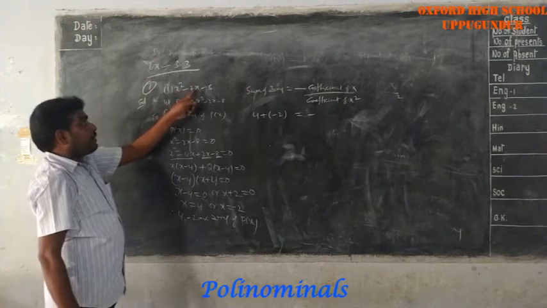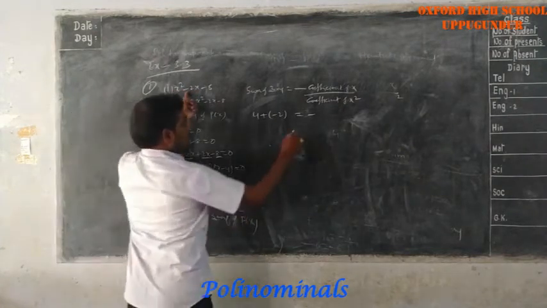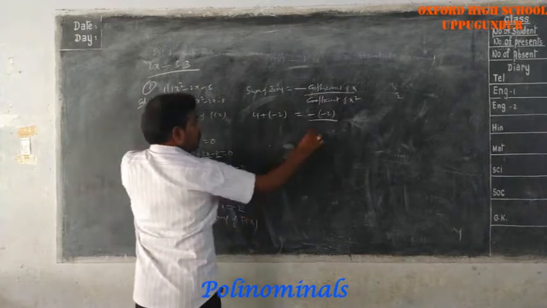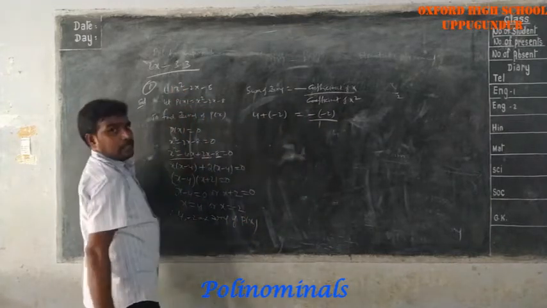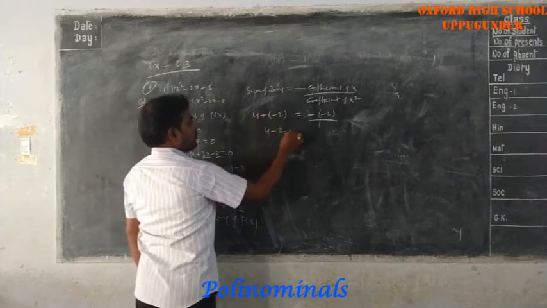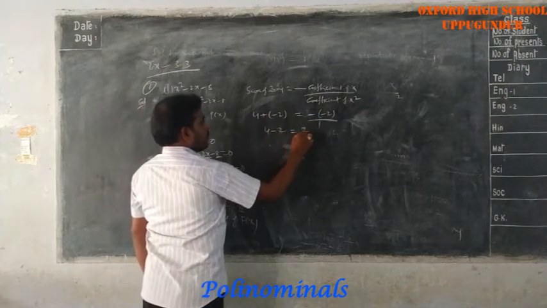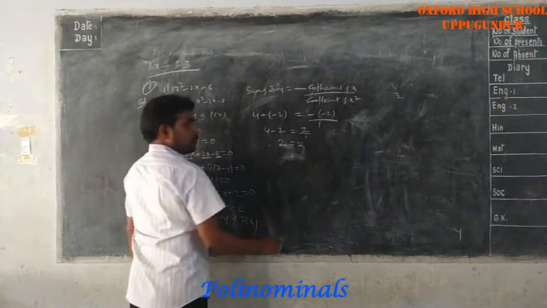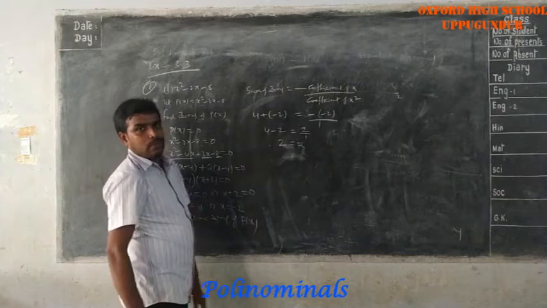Here what is coefficient of x? Minus 2 by x square coefficient 1. X square coefficient means 1 here. So 4 plus minus 2, 4 minus 2, 2, equal to minus of minus 2, 2 by 1, you will get 2. Sum of the zeros verified.